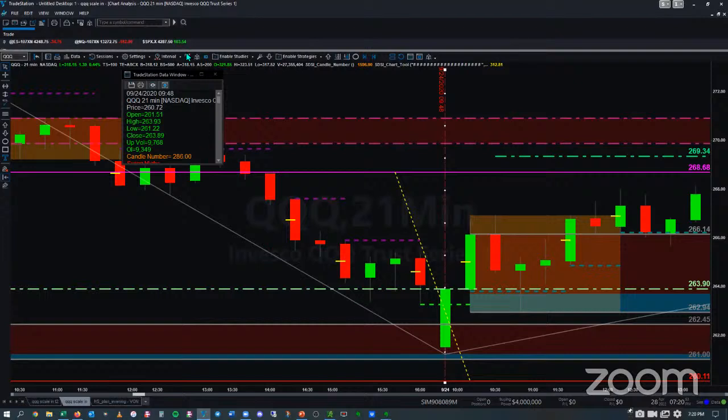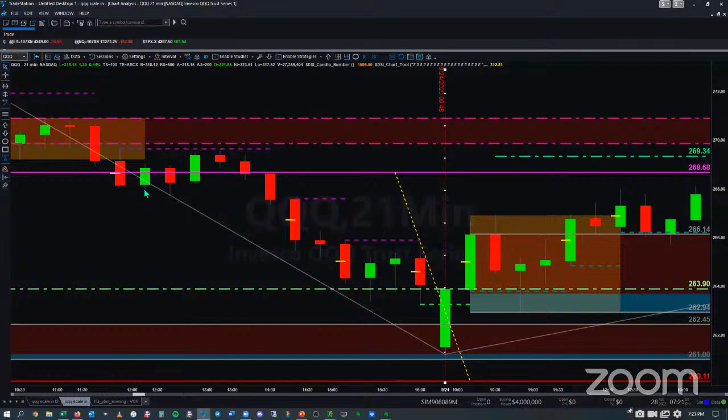So if you had put your stop below the green candle, you would have been stopped out immediately on the next candle. And if you had kept your original stop, you would have been fine there.